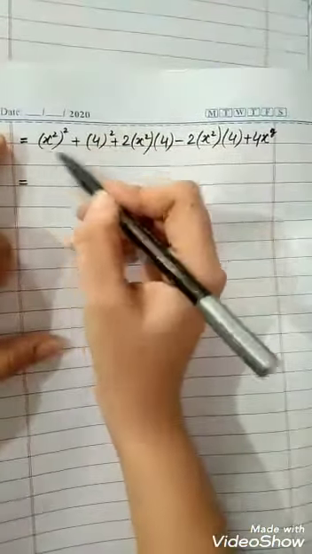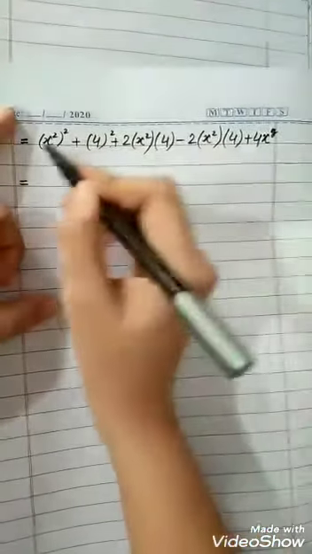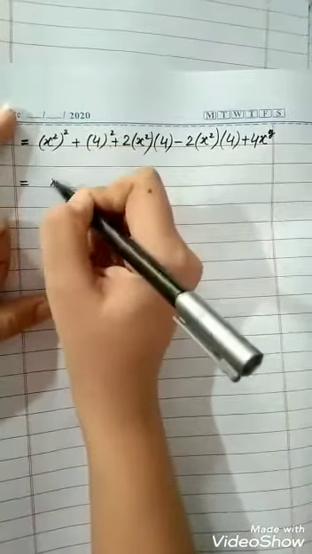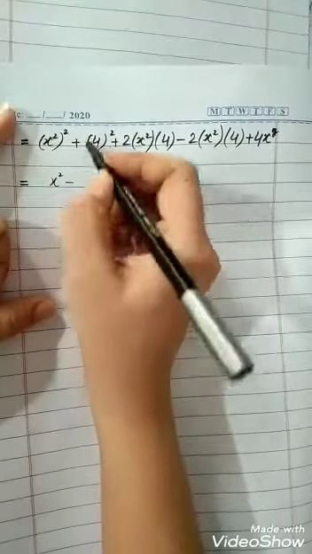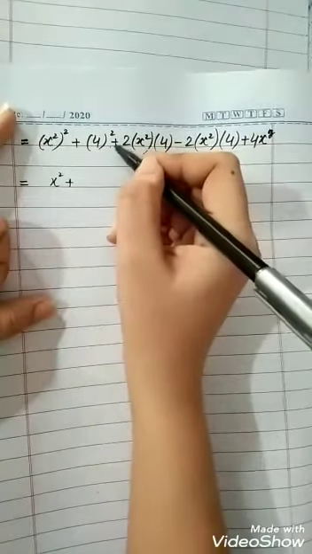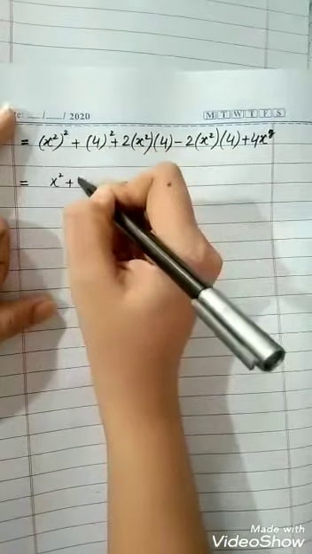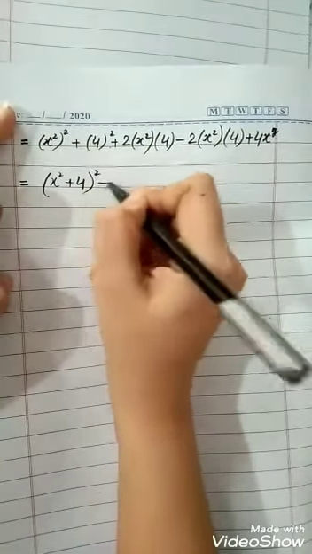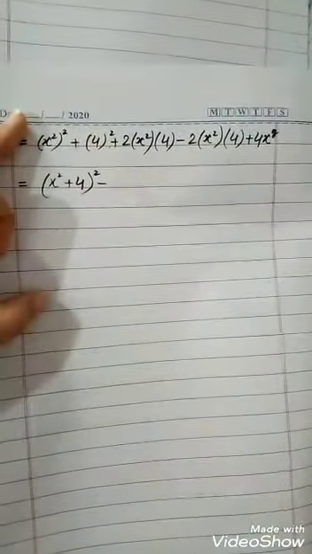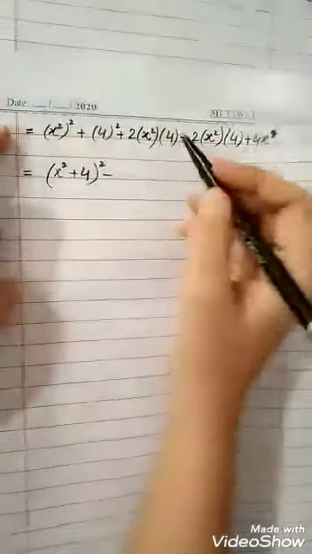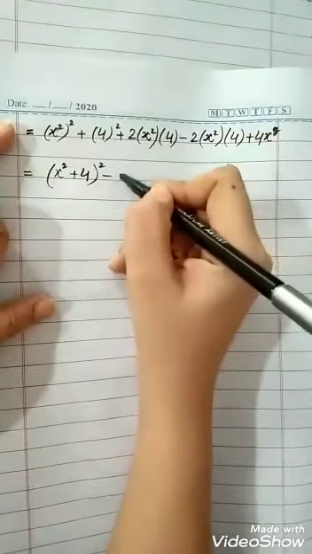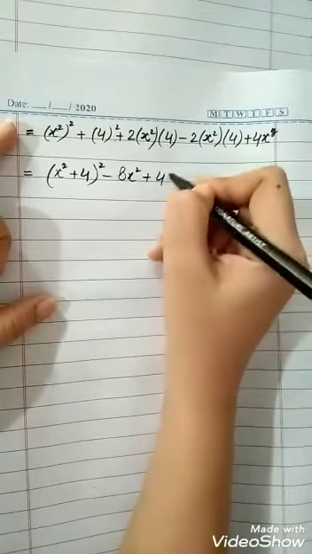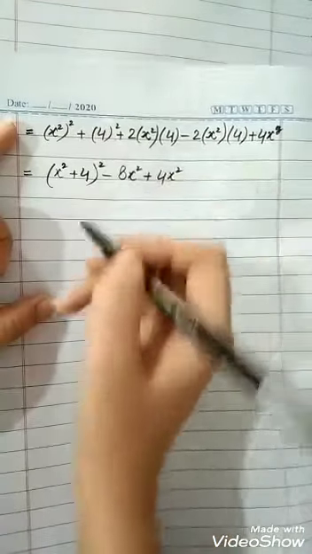Yes students, now we will use the formula. We can make the formula till here. It is a plus b whole square, because the sign is positive, minus 4 2s are 8x square plus 4x square.